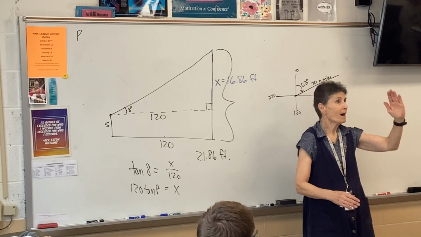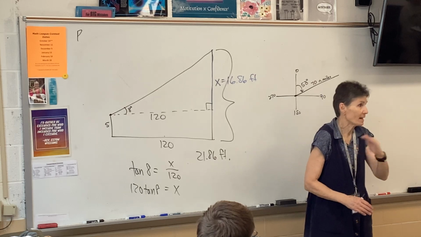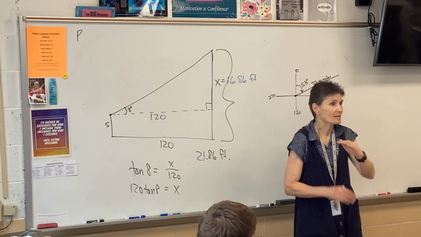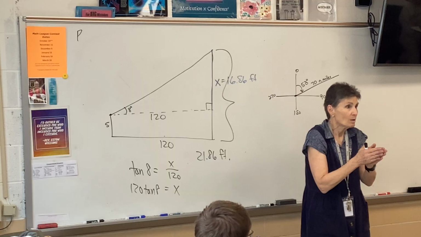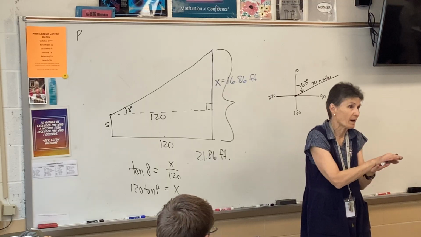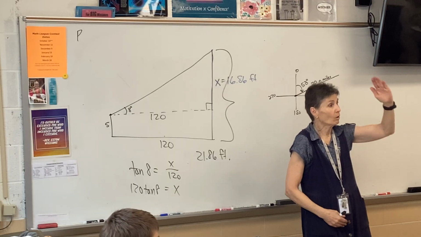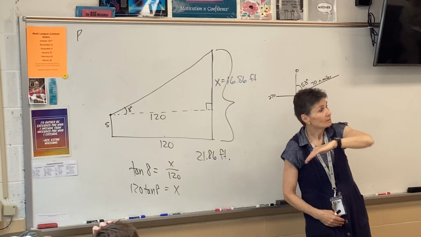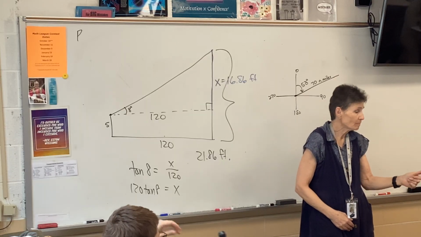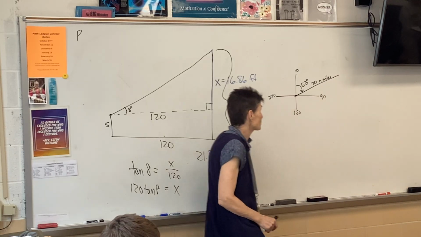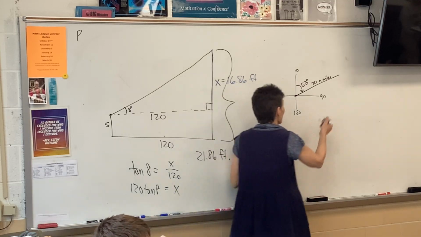So those are miles, but they're nautical miles because they're arc miles, not straight line miles. When I drive to school, that's a straight line. But when I'm going all the way across the ocean, like boats and ships do, that's nautical miles. Okay, so now the ship is right here.